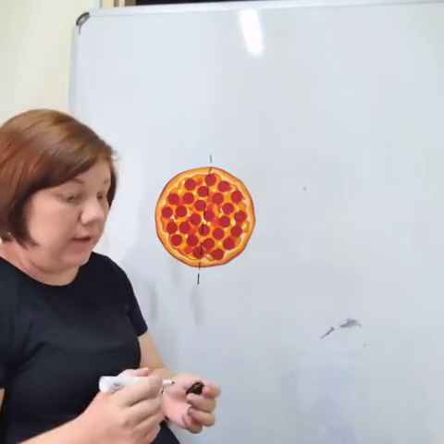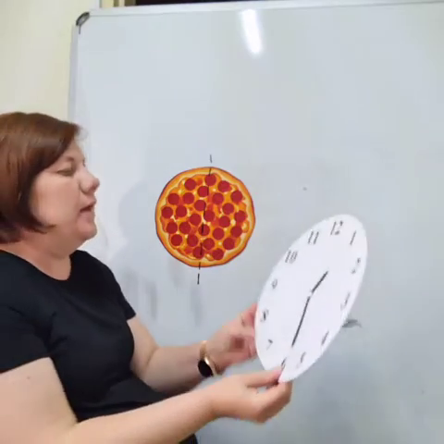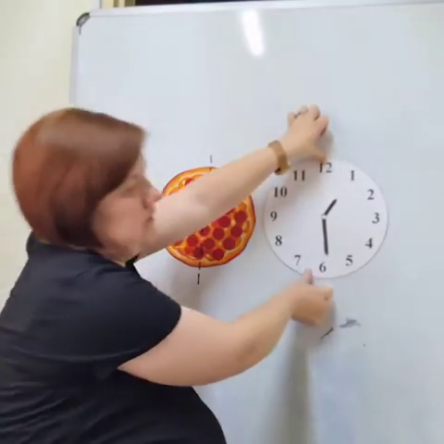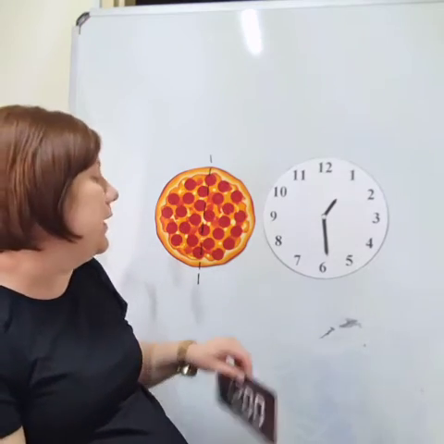And today we're not going to talk about pizza. We are going to do some revision on time. Now, can you guys tell me what type of clock this is? Can you remember? Yes, this we call an analog clock. And we've also started mentioning another clock that we get.